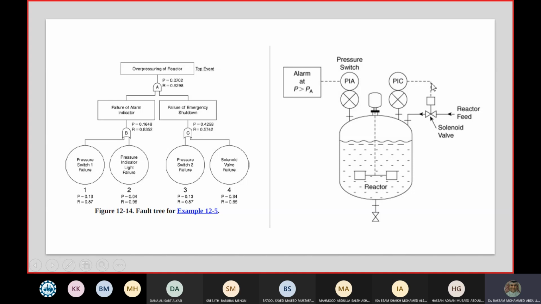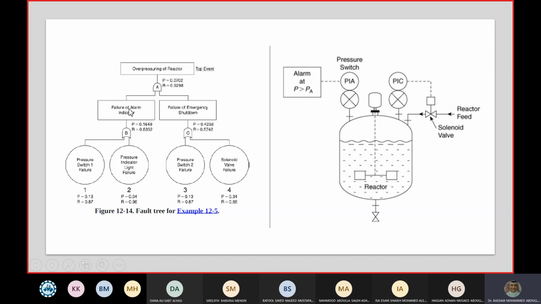So failure of this and failure of this will cause the overpressure, because if you have this failing, at least you have that other controller which takes the shutdown, emergency shutdown system, will take an action. Now, if PIC doesn't work, PIA will give an alarm so that we can tell the operator to quickly close this thing or to take an action within the solenoid valve. So in this case, now if PIA and this, both of them fail, definitely you will have an overpressure of the reactor.